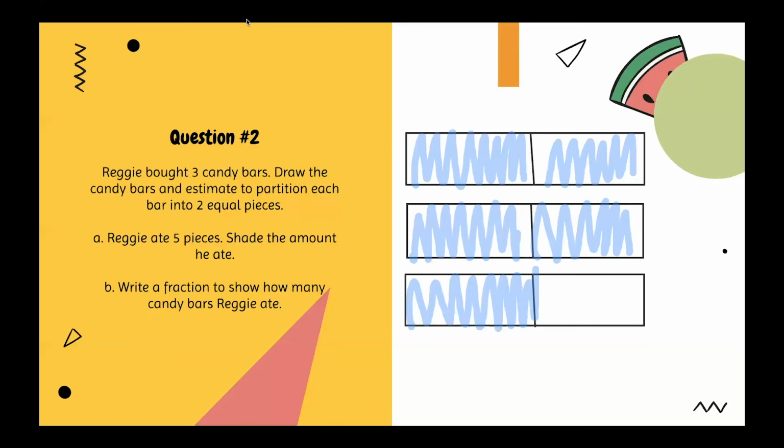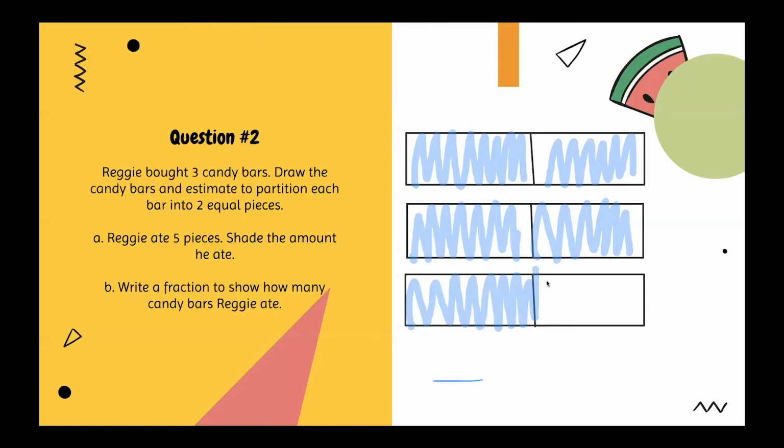Now, for question B, we're going to write a fraction to show how many candy bars Reggie ate. So remember that the number on the bottom of the fraction is the denominator, and that tells us how many equal pieces there were in a whole.